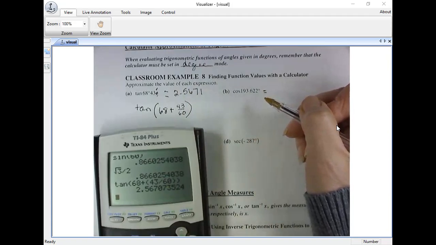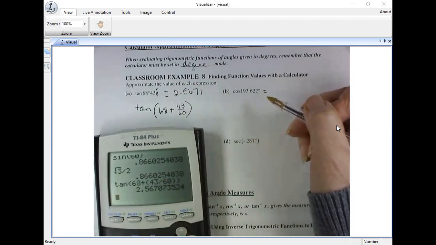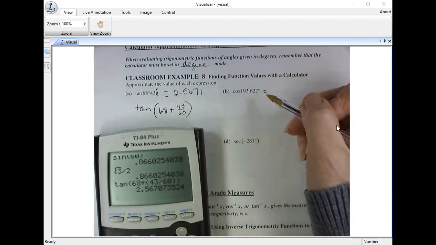Before you tell me what you get, tell me which quadrant I would be in if it's 193 degrees. And if it's in the 3rd quadrant, what sign should I get for the cosine? Did your calculator give you a negative value? What about the rest of you guys?